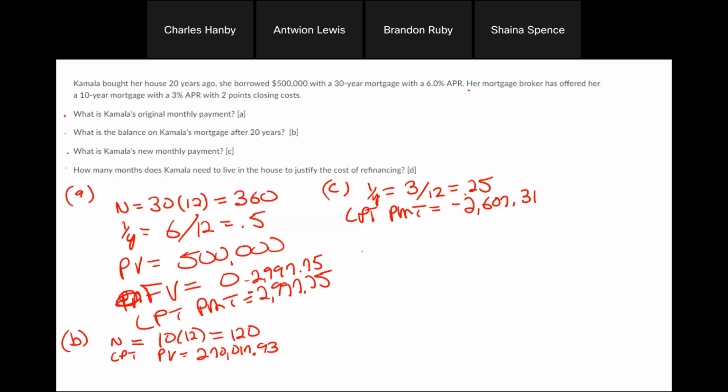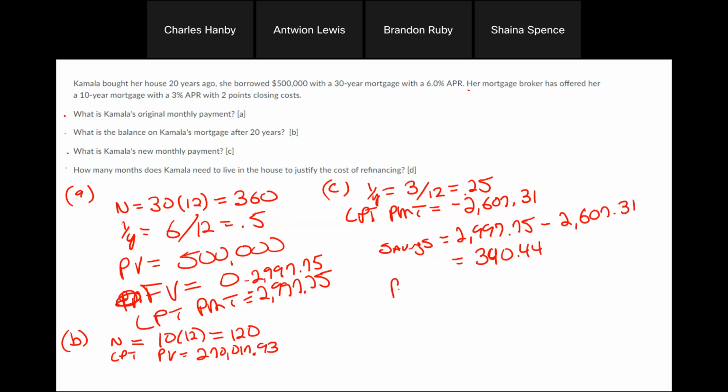So our savings, $2,997.75 minus the $2,607.31, is $390.44 a month.